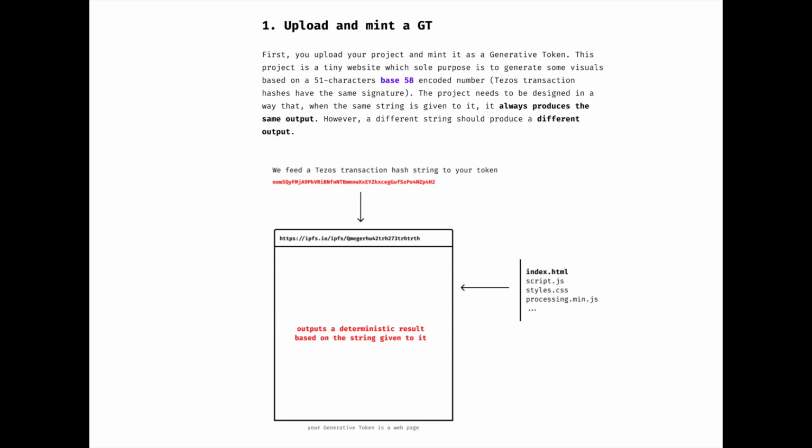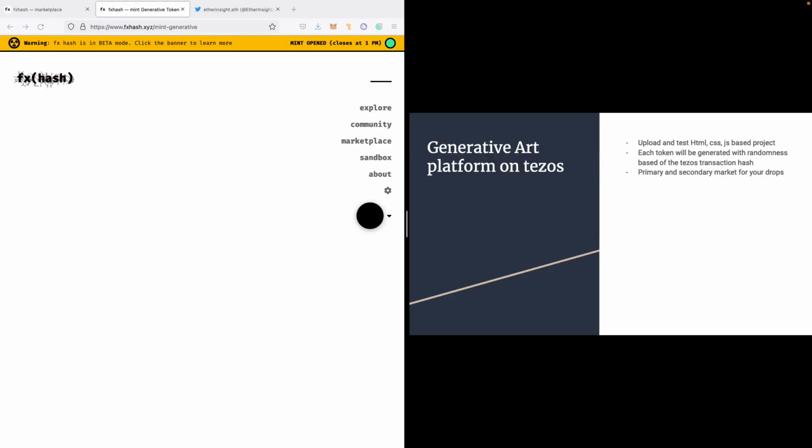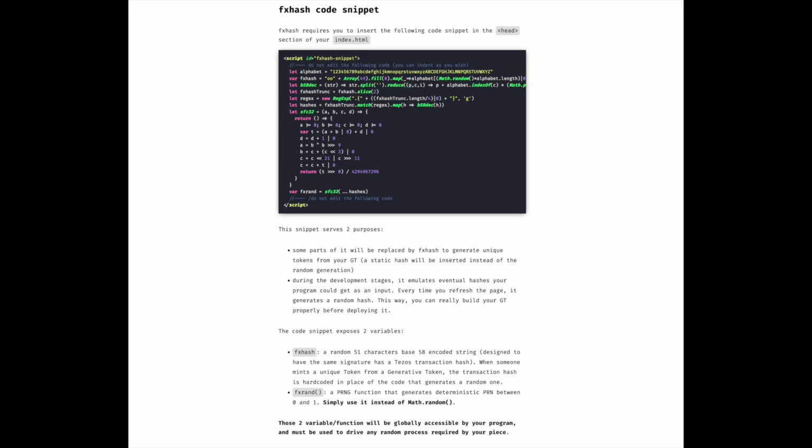So really interesting stuff. Each token will be unique, because the way you are supposed to set up your project is you'll need to use randomness in your project, and this randomness will be based off of the transaction hash of you minting the token on the Tezos blockchain.